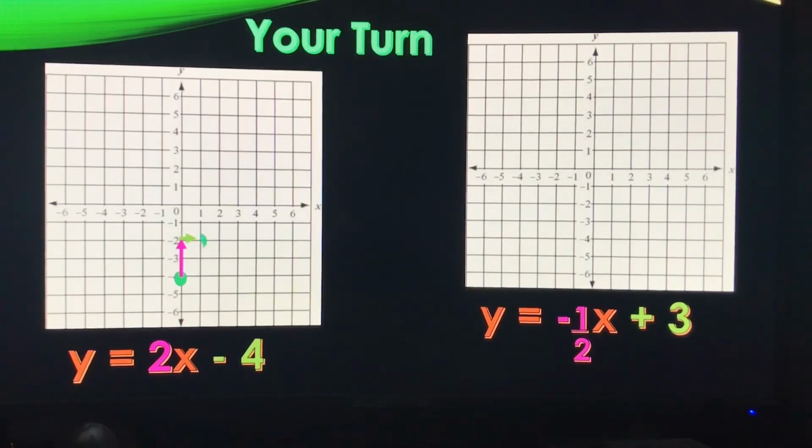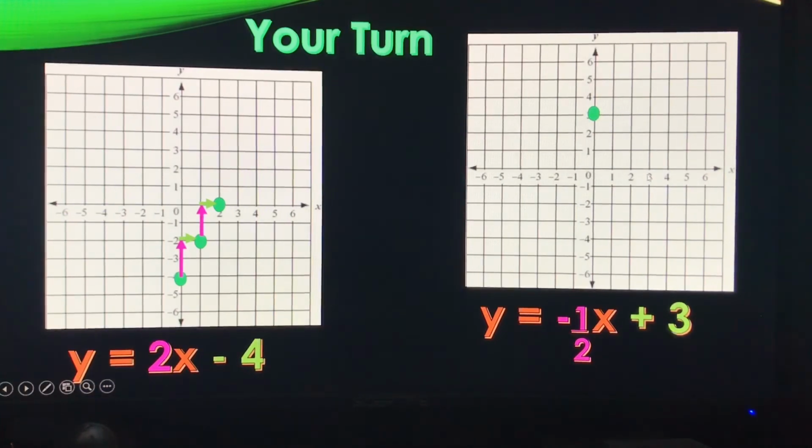I'm going to place another point where I just stopped after rise and run. I then am going to go up another 2 and run another 1, and I've got my point there. I personally like putting 3 points. It gives you more direction of your line. You can even put more than 3.